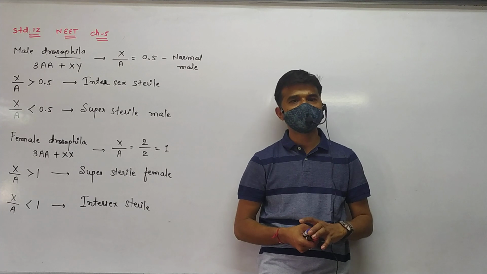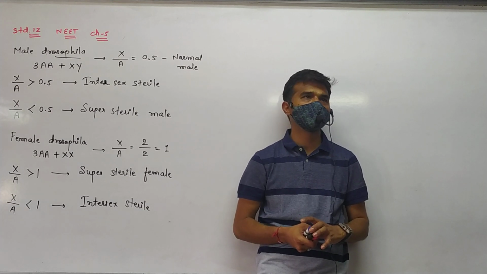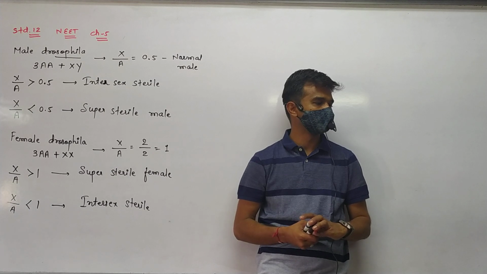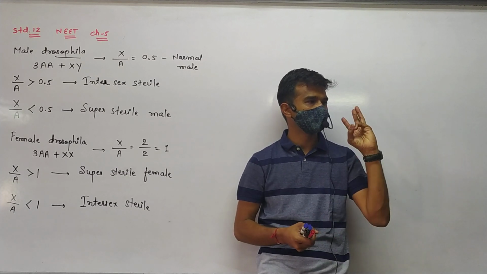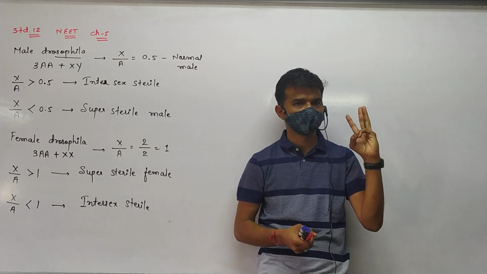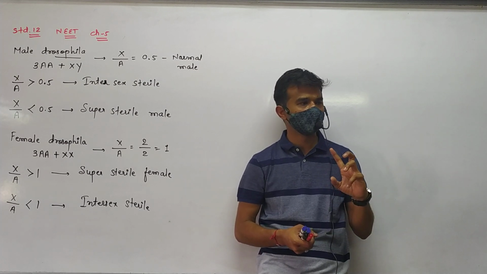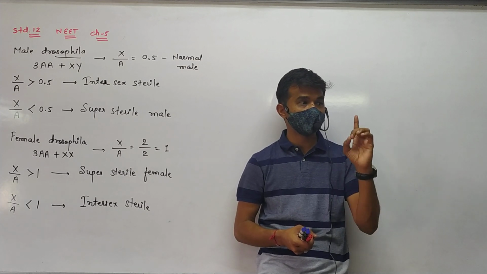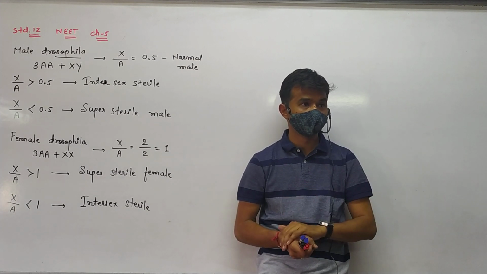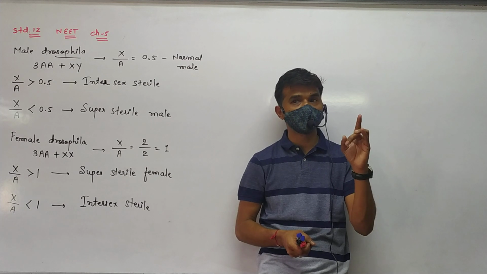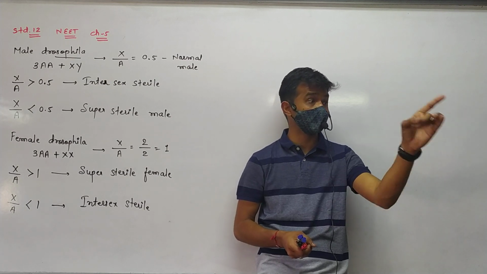If you fertilize the ovum with an A plus Y type of chromosome, the third fly in the bottom row, the X upon A ratio is 1. So this is known as a normal female.